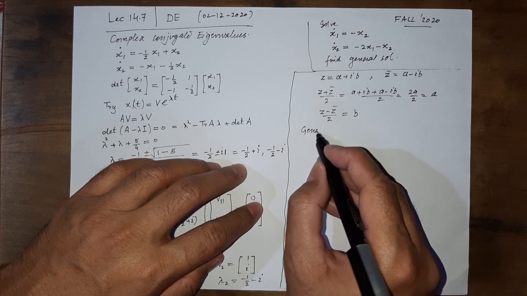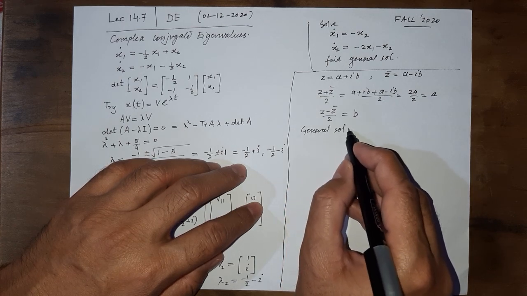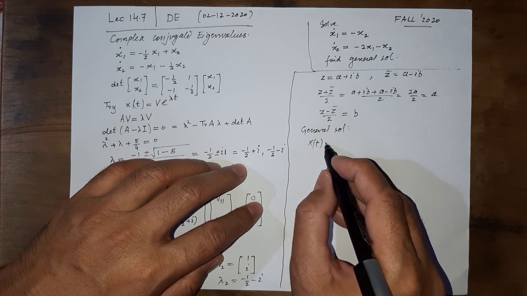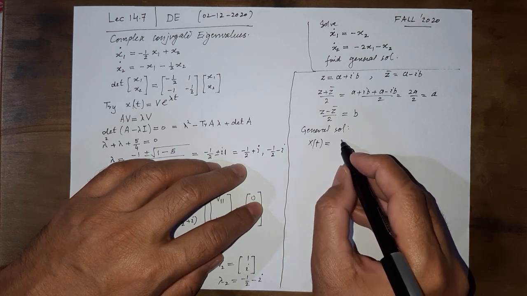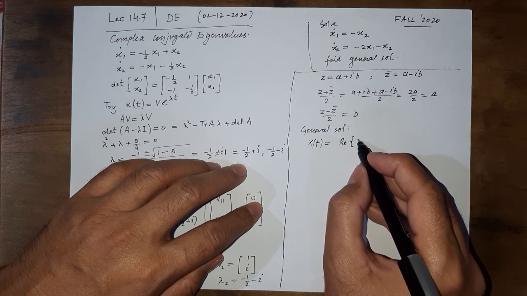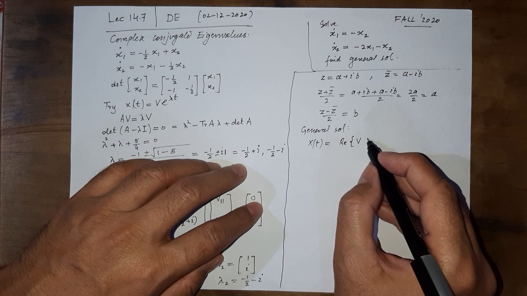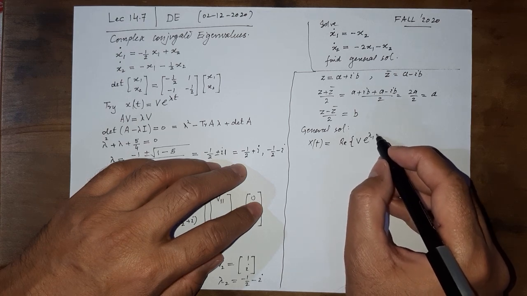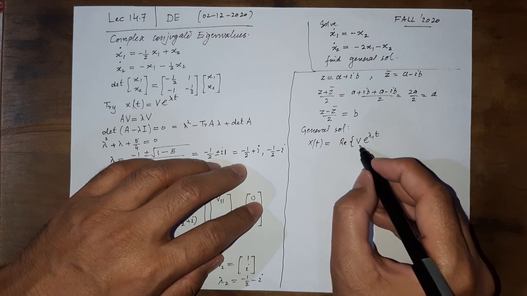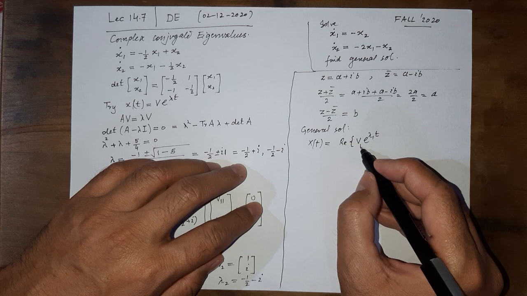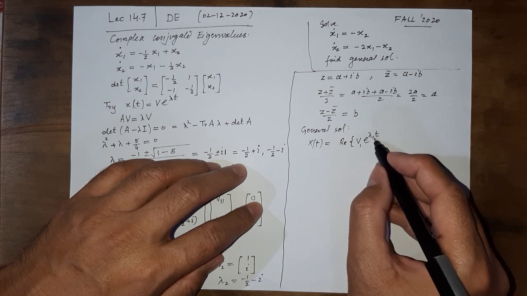So the general solution in this case would be x(t) is equal to the real part of the eigenvector and also the real part here. It does not matter whether I write v1 or lambda 1 here. Why?